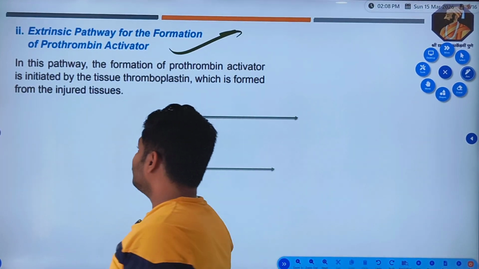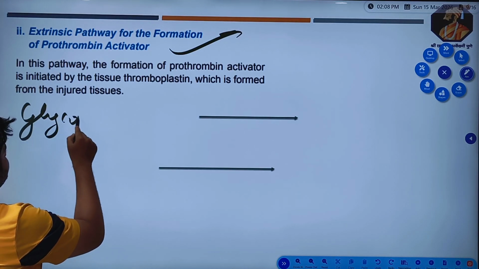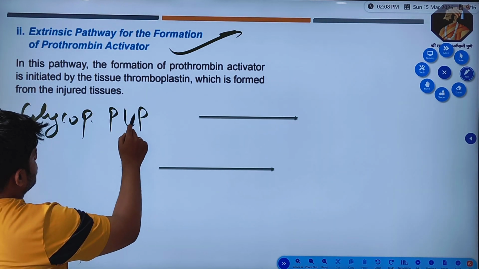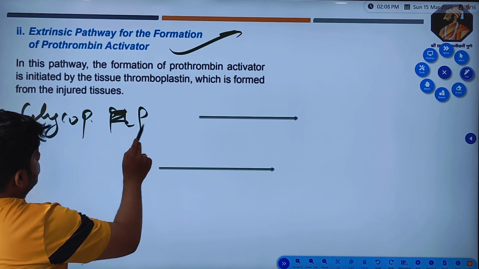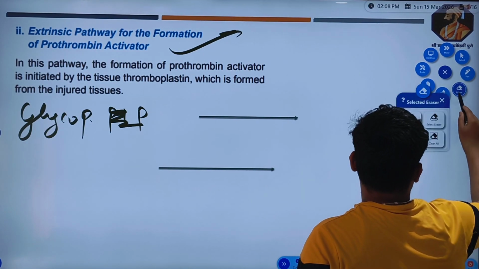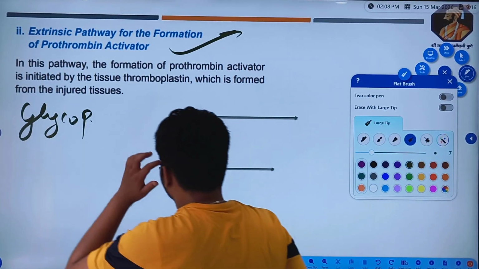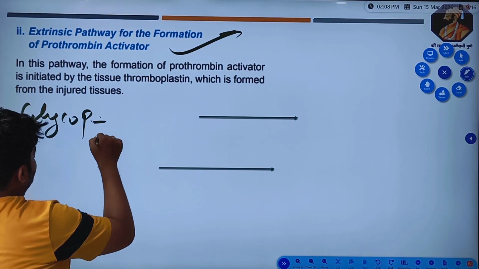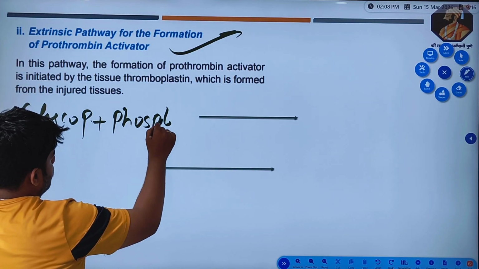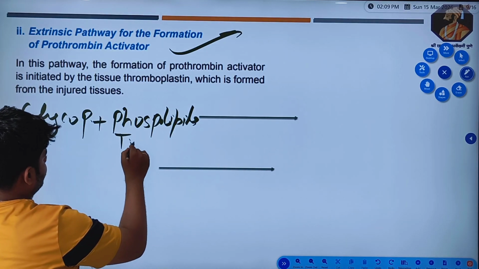Now the glycoproteins and phospholipids, what they do is: tissue phospholipids, right?